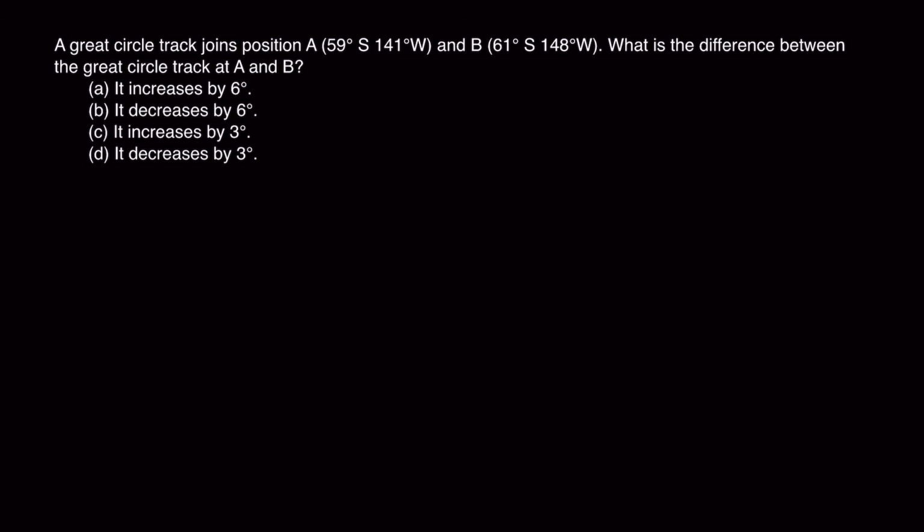All right. So now let's draw the diagram. I have 2 points, A and B. All right, here I have latitudes and longitudes. Let's say A is somewhere here. Okay, this is 59 south, 141 west. What is the latitude of B? B is 61 south, okay, which will be below A or south of A, and 148 west, so west of A. So it will be southwest of A. So B is, let's say, somewhere here.